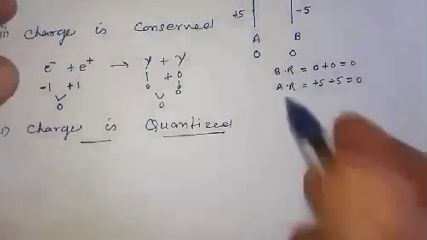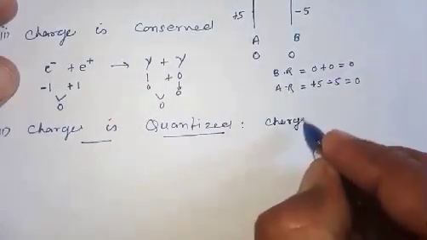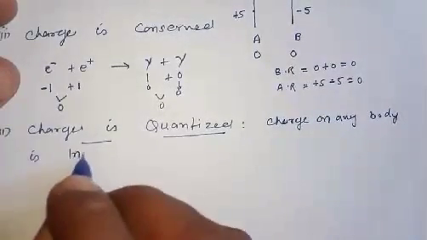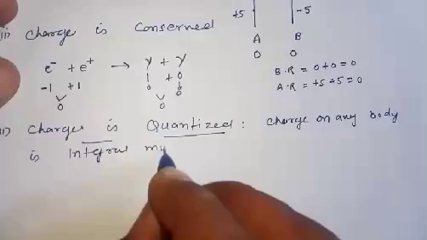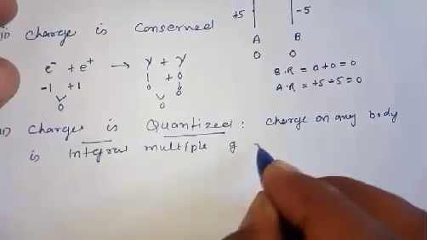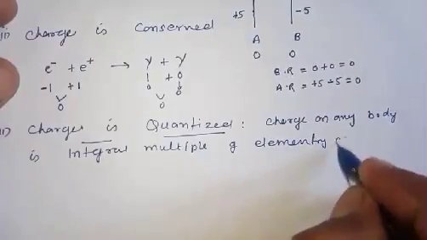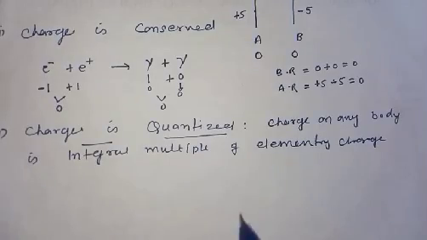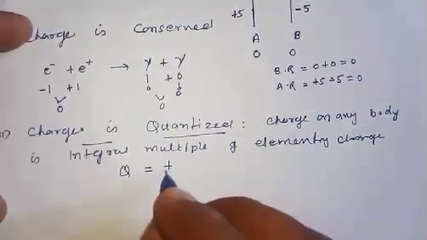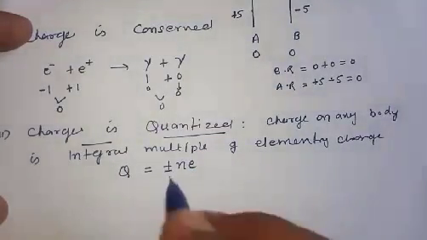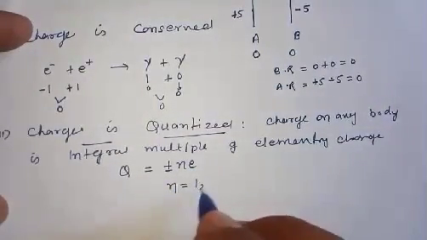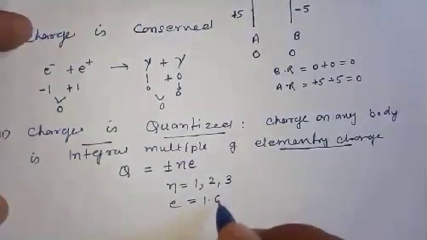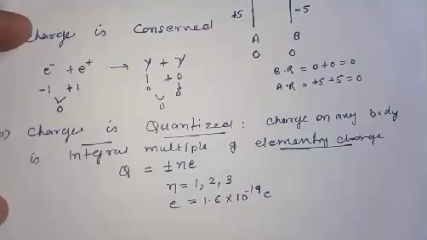Charge is quantized means charge on any body is an integral multiple of the elementary charge, that is, Q equal to plus minus Ne, where N is an integer like 1, 2, 3, and e is the elementary charge, that is the charge on an electron, 1.6 times 10 raised to minus 19 coulomb.